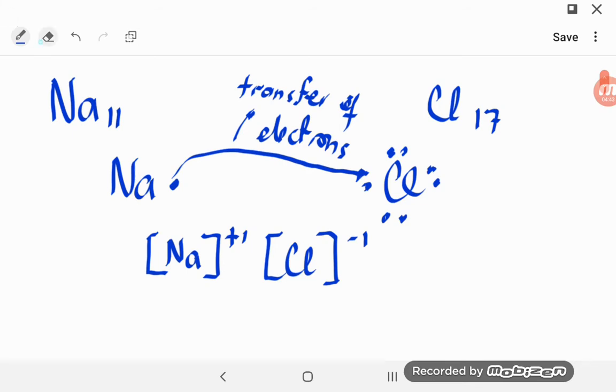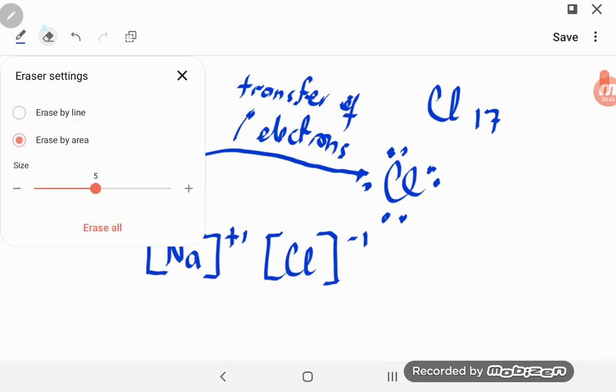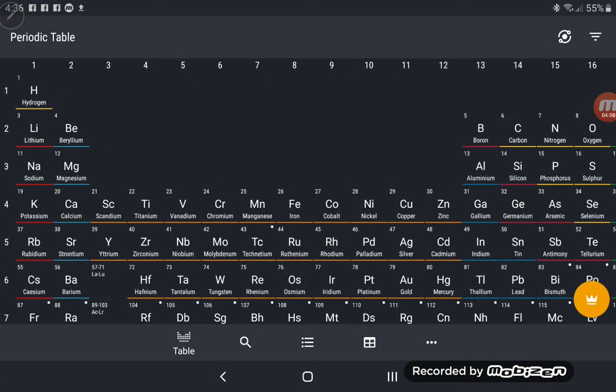Let's try another example. Now let's try elements from group 2. Let's try magnesium and sulfur. Magnesium is 12, sulfur is 16.